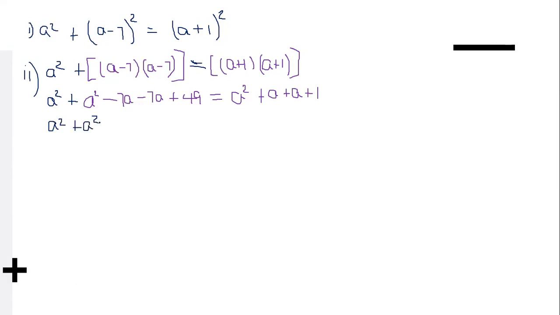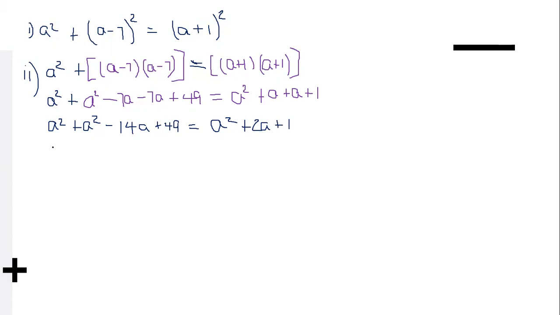Bear with me, I'm not adding them yet. Let's simplify right here. Minus 7A minus 7A, that's going to give minus 14A, plus 49. And all that is equal to A squared plus A plus A, that's going to give 2A, because remember there's an invisible 1 right here. So 1A plus 1A gives 2A, plus 1.